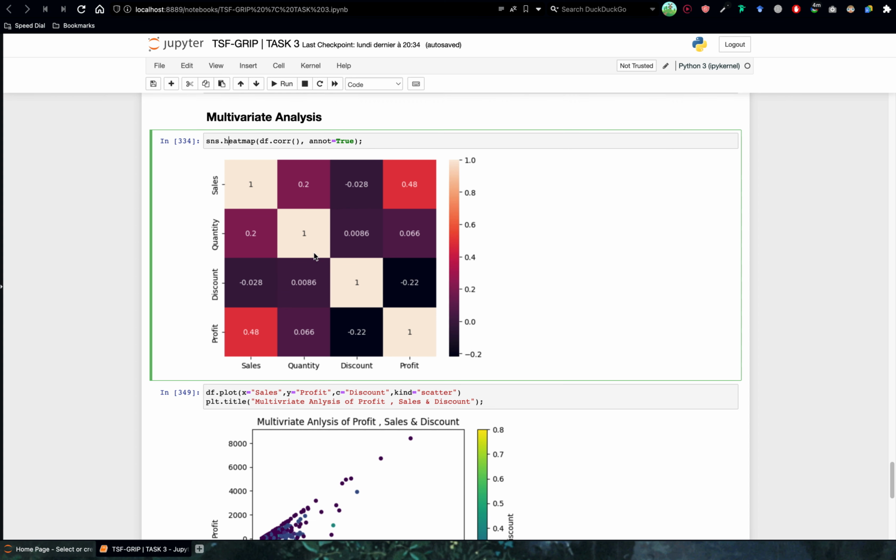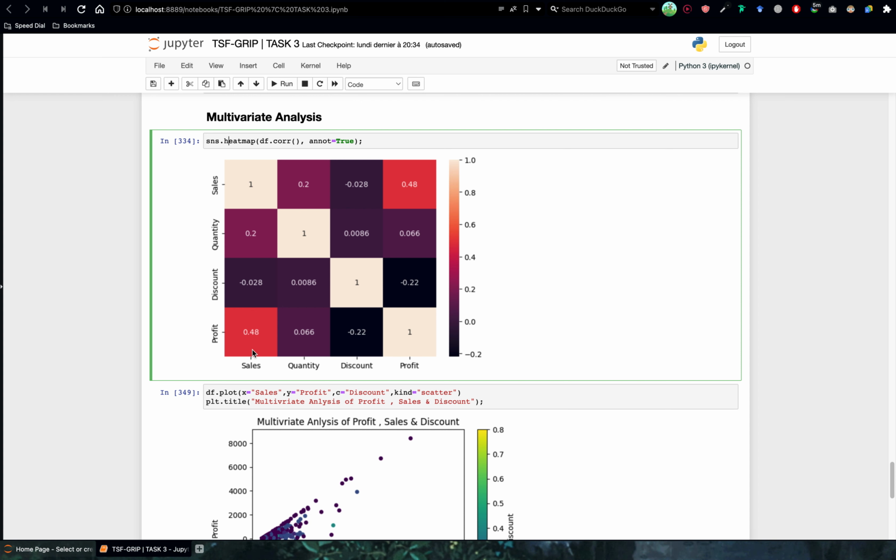Multivariate analysis. Here we will compare more than two features at a time, as we see here, the heat map. It would have been a good use if we implemented it earlier, but since we are going through these steps like uni, bi, and multi, it belongs to the multivariate analysis.